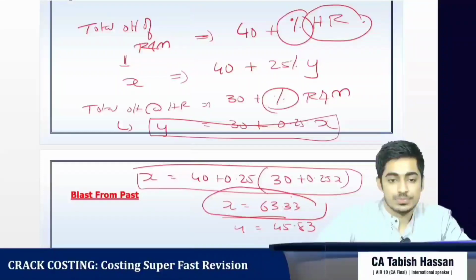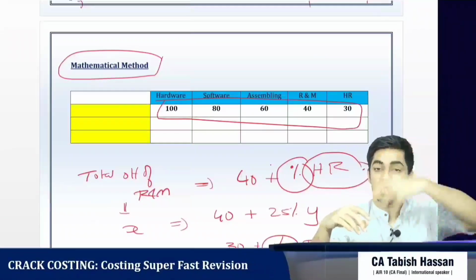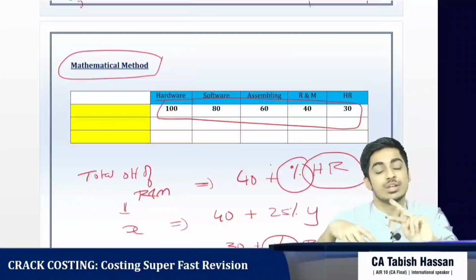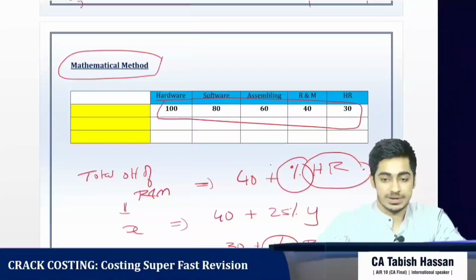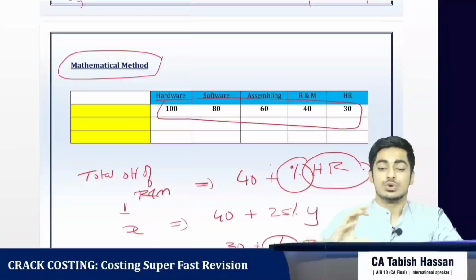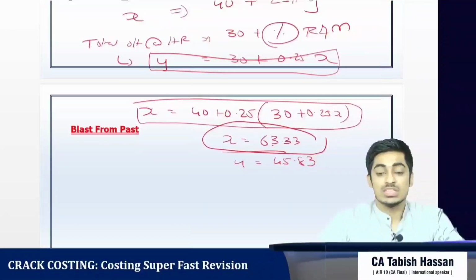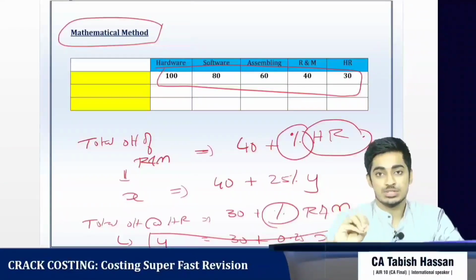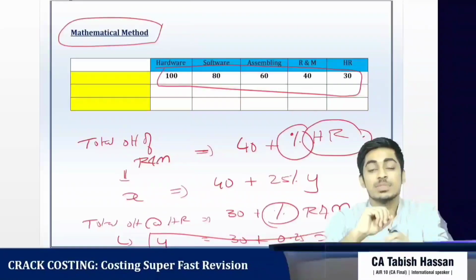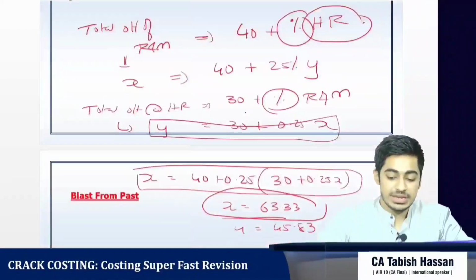So X was repairs and maintenance. Repairs and maintenance had 40 rupees from the primary distribution, so we'll also get 23.33 rupees as the percentage allocation from the HR department. Okay. So HR department's cost is 45.83. What does it mean? It means that we already have 30 rupees from the primary distribution. We'll also get some extra amount from repairs and maintenance. Based on that, the total overhead comes to 45.83.